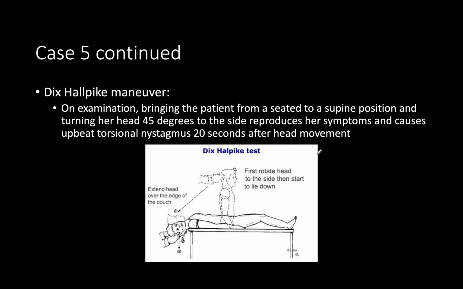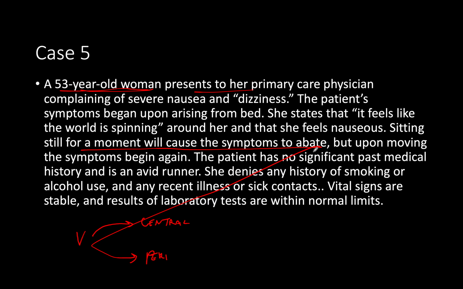In general, so not all of them. That's not a good way to differentiate central and peripheral. If it is related to movement, you know it's not central. You can say it's not central if it is related to movement, but there are some peripheral vertigo that will be present at rest. Meniere's disease, which is related to an increase of pressure in the endolymph, or a tumor on the vestibular nerve, would lead to symptoms at rest as well.